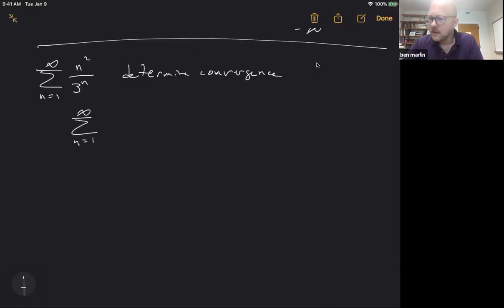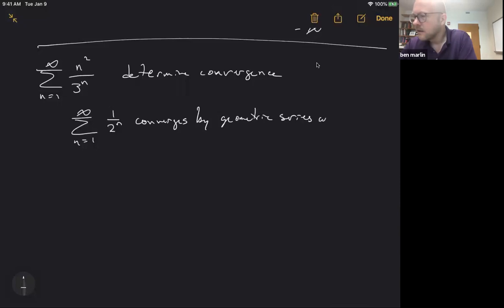So I'm going to in particular think about 1 over 2 to the n, or (1/2) to the n. That is converging, and that's because it is a geometric series with r equal to 1/2, okay?